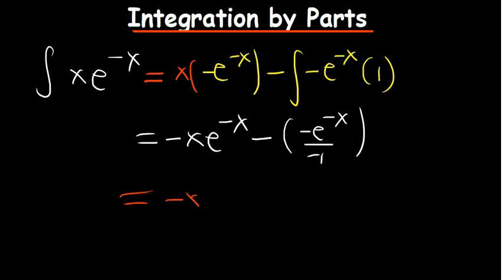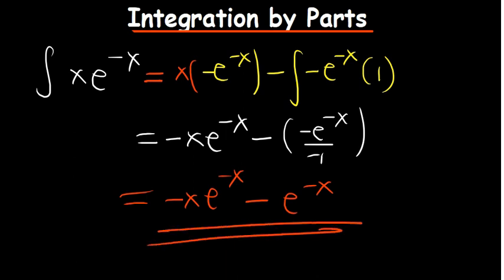So negative x e to the power negative x minus e to the power negative x, because inside there we already have a positive, so positive by the negative will remain a negative. If you want, you can still factorize: e to the power negative x is common, and you can pull out a negative, to remain with a positive x and then plus a 1.